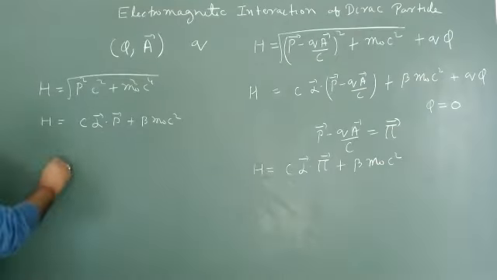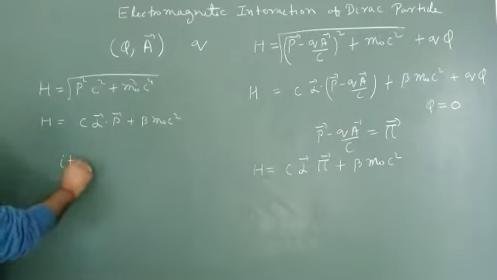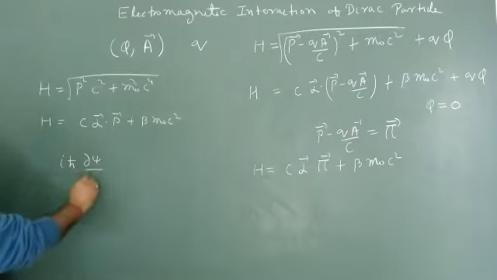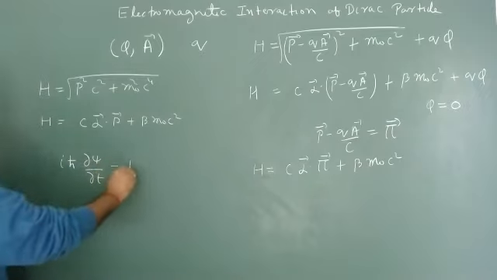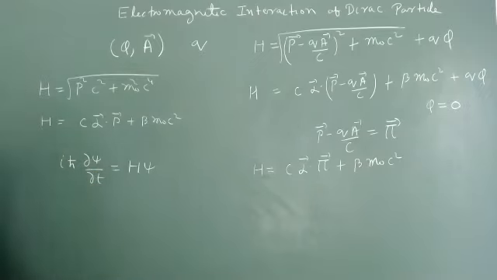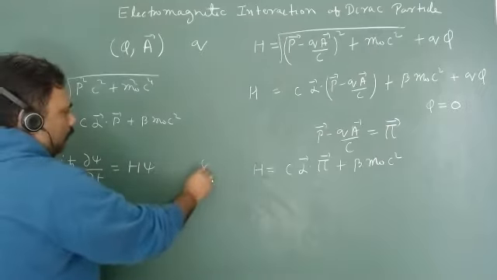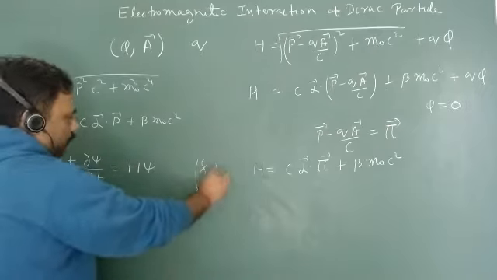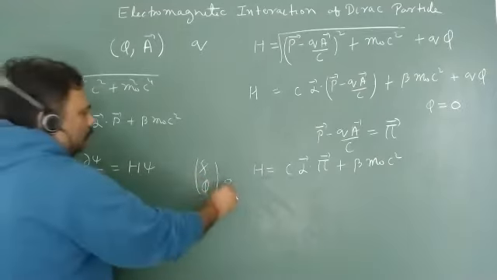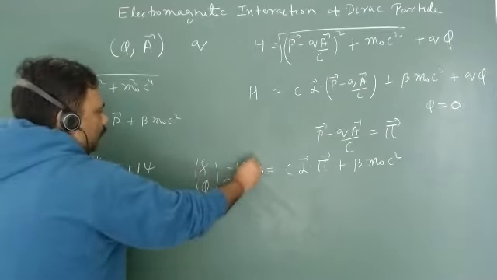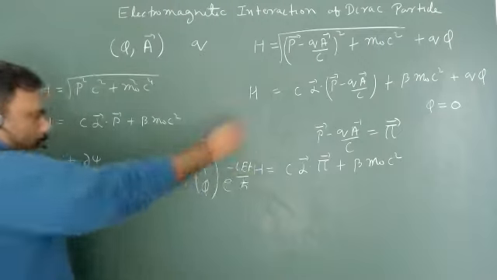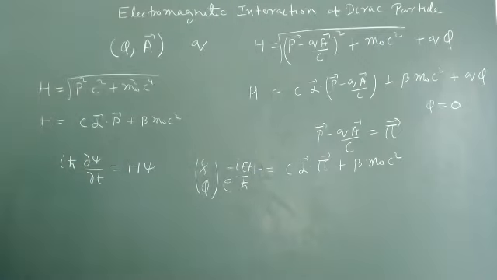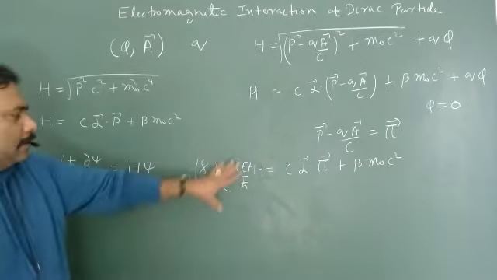This is nothing but i h cut del psi upon del t is equal to H psi. And again, I have a spinor chi and phi as my amplitude, and we can put e to the power minus i E t upon h cut. You can put the p part also, but the simplest solution is this one.